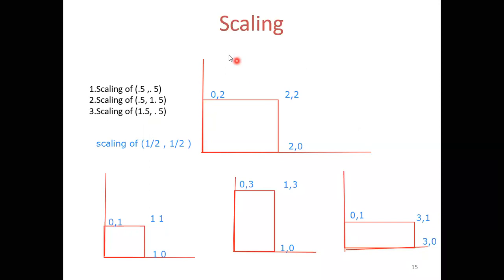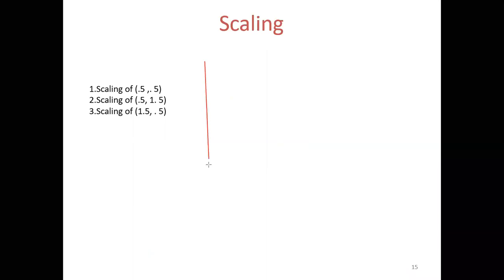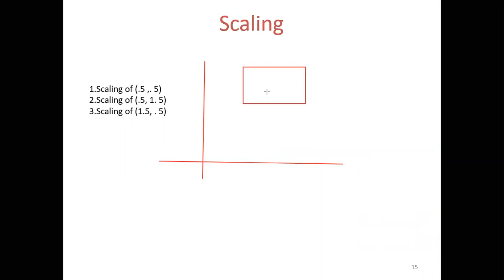You might just have an image like this, no axis mentioned, just a box, and you will be asked what the new size or the new position of this rectangle will be if I apply these scaling factors. In that case it becomes complicated because you don't have any idea about these points. So how can I multiply by point? That's where vectors help.